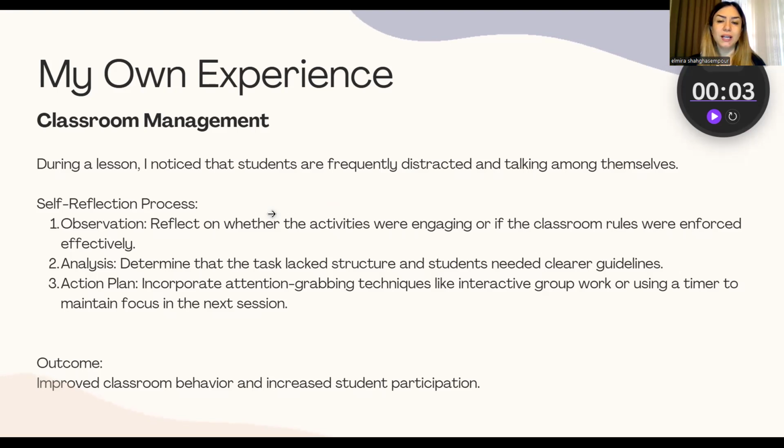So how did I try to find a solution for that? I observed. I reflected on whether the activities were engaging. Maybe I could use another way, or if the classroom rules were enforced effectively or not. Did I set good rules for the classroom or not?